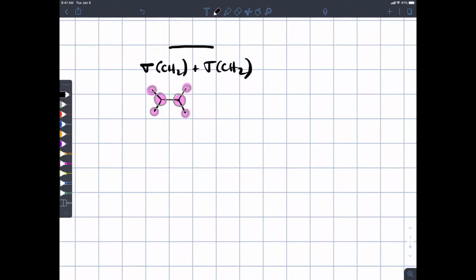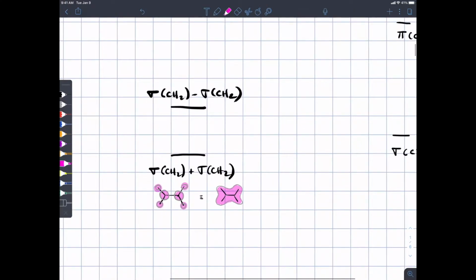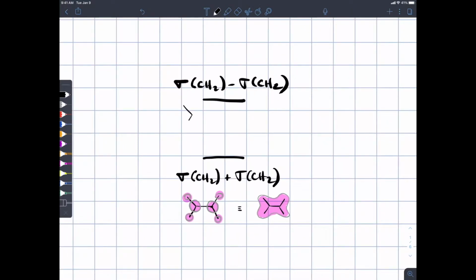Just so that you're aware, what we've drawn here means exactly the same thing as what I might draw here: a continuous lobe of electron density with no change in the wave function sign. In contrast, for the minus combination, we would have a phase change in between the two nuclei.